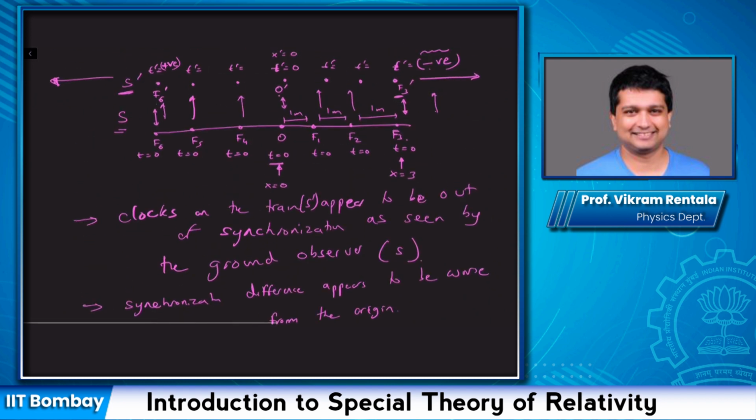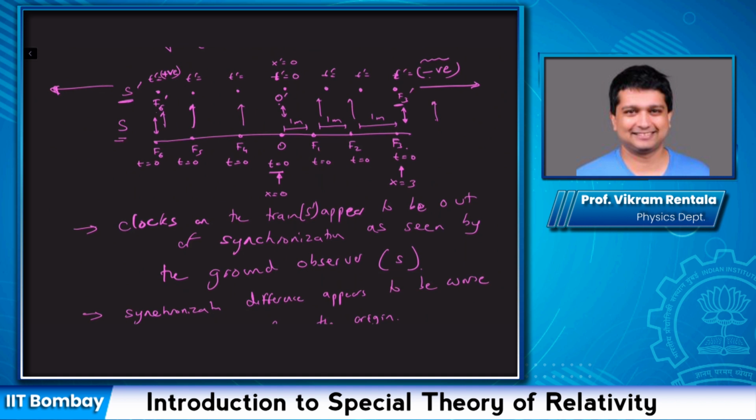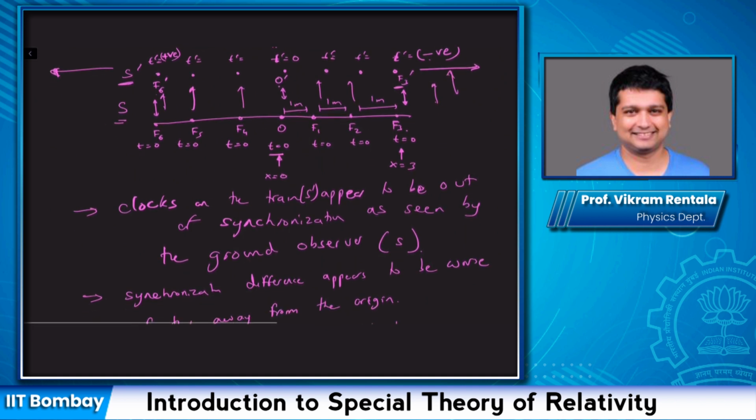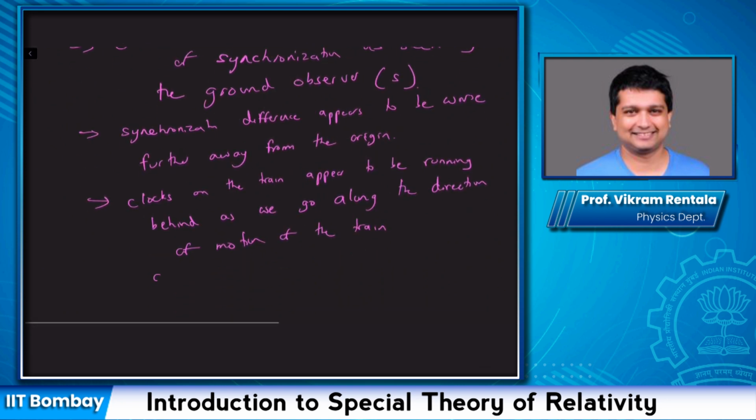And the last point is that the clocks on the train appear to be negative, that is to say, they are behind as we go along the direction of motion of the train, and they appear to be offset ahead.